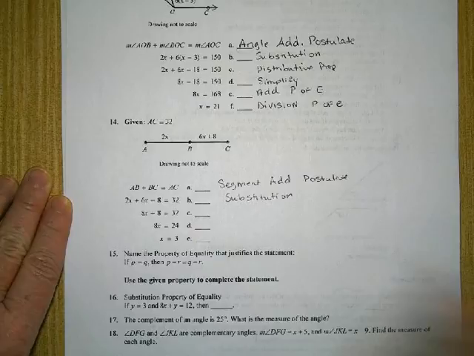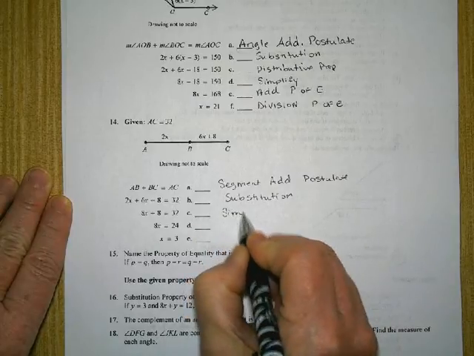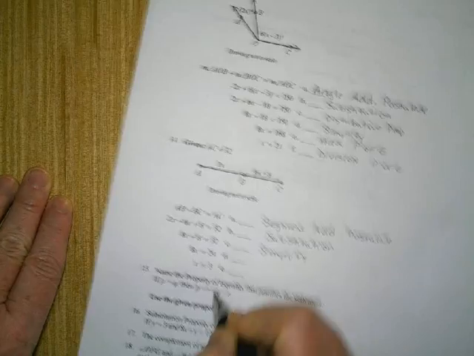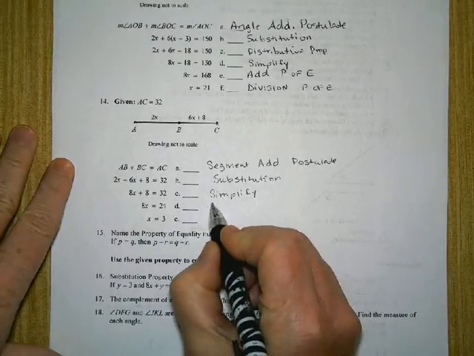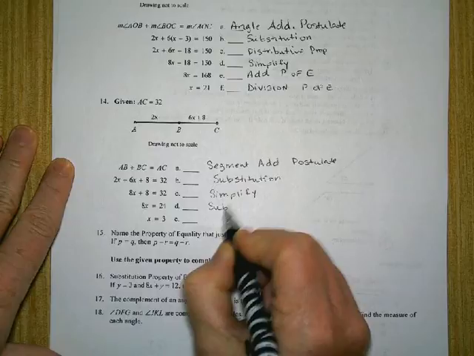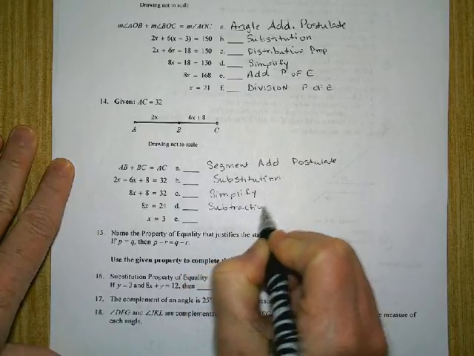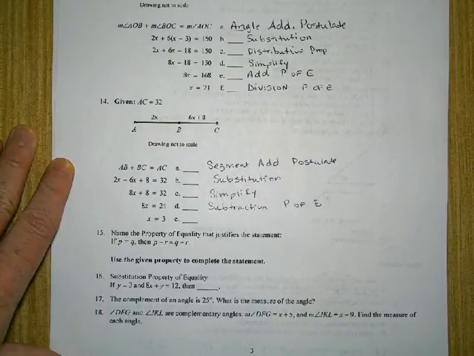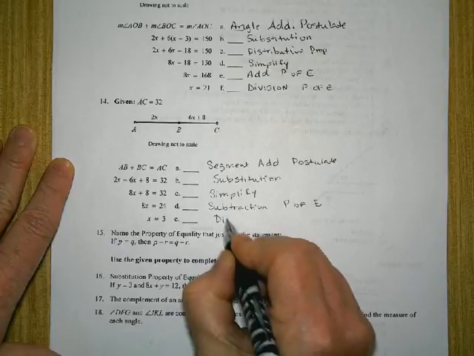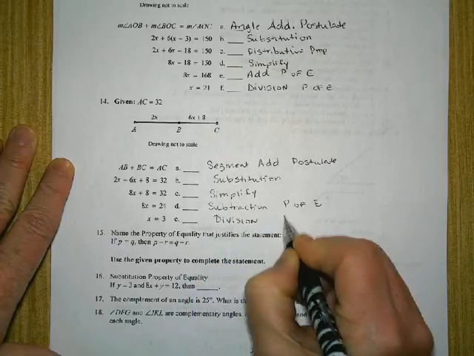Combine like terms is simplify. Subtract 8 from each side, that is the subtraction property of equality. Divide, division property of equality.